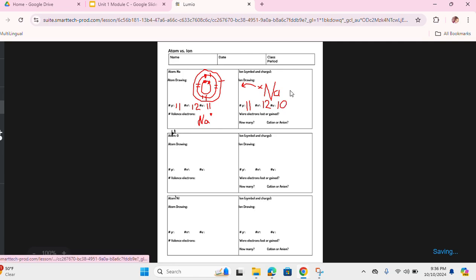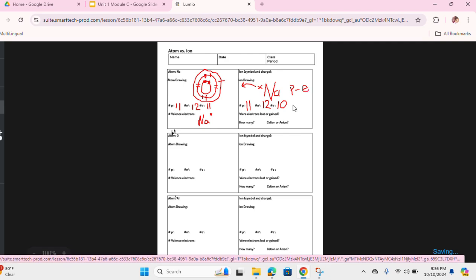What we will do now is take the number of protons minus the number of electrons, and that will show us what the charge is on our sodium ion.